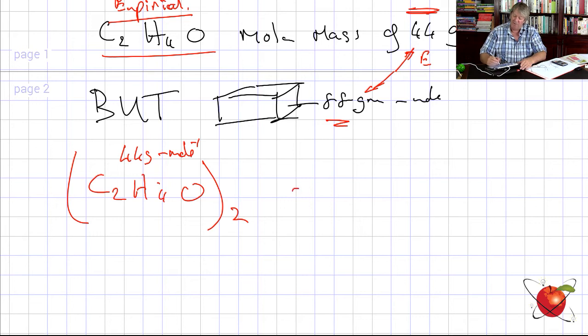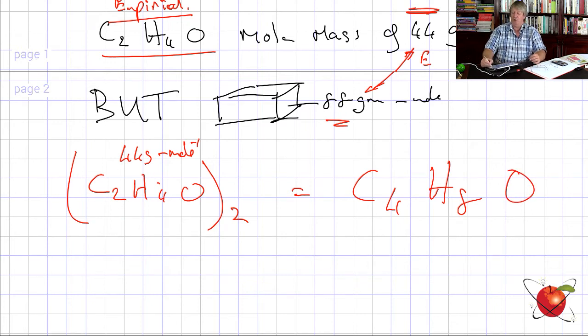Each one, C2H4O, weighs 44, but the actual weight of the stuff is 88, which means I've got to have 2 of them together. So 2 of them together means I've got C4H8O2, right? I've just multiplied them by that.